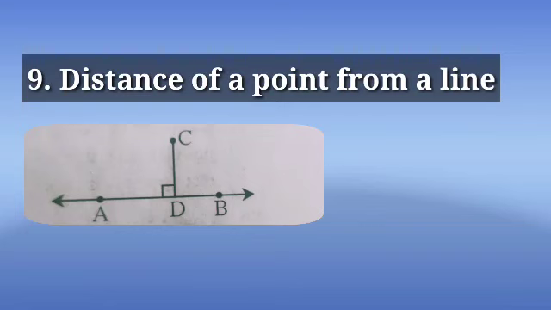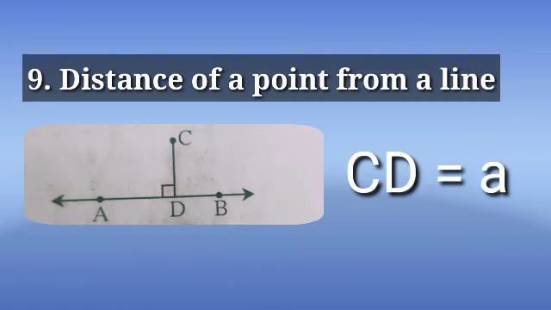The point D is called the foot of the perpendicular, and if length CD is equal to a, then the point C is at a distance of a from the line AB.